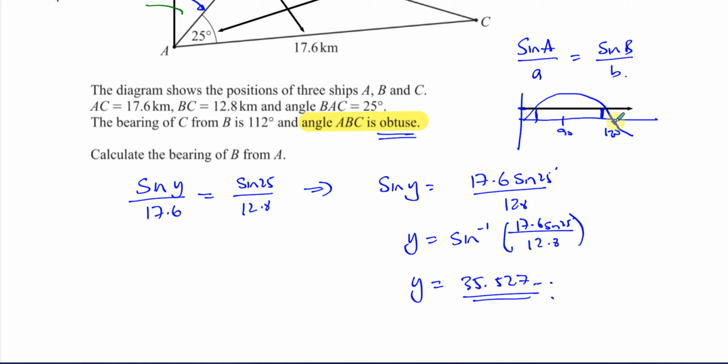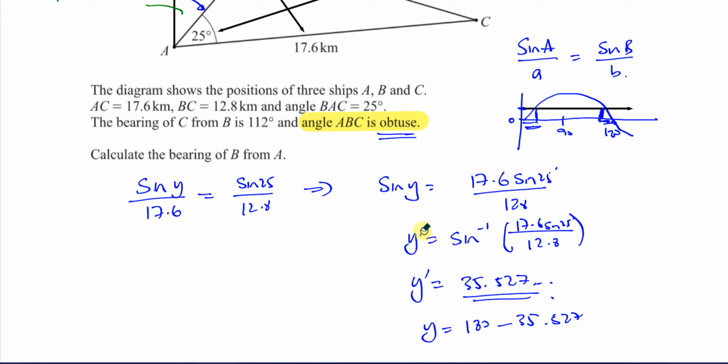To find the other solution, you use the symmetry of the sine curve. The distance of this angle from 0 is, of course, 35.527. And the distance between 180 and the other angle is that same distance less than 180. So the actual y that we're looking for is going to be 180 minus 35.527. I'm going to call this y dash because it's not actually our y at this point.